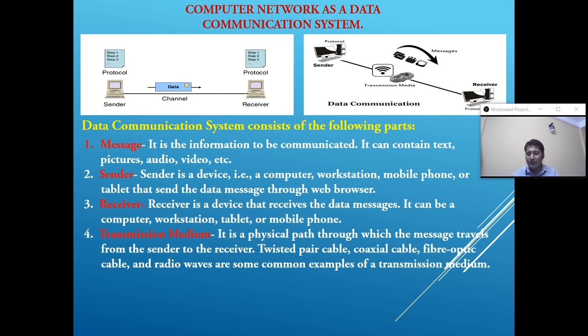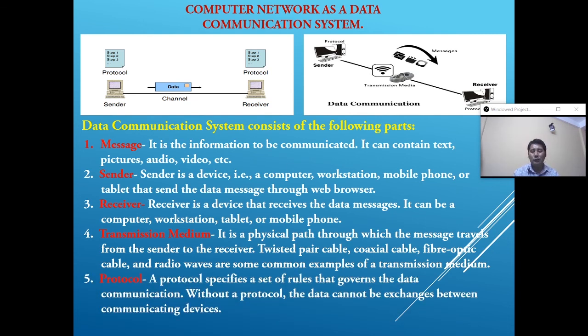So as I've already said, this transmission medium can be a wired transmission medium, or it can be wireless. When I'm talking about wired, it can be twisted pair cable, coaxial cable, Ethernet cable, or fiber optic cables, or it may be a wireless medium, that is radio waves, like Wi-Fi, Bluetooth, and infrared.